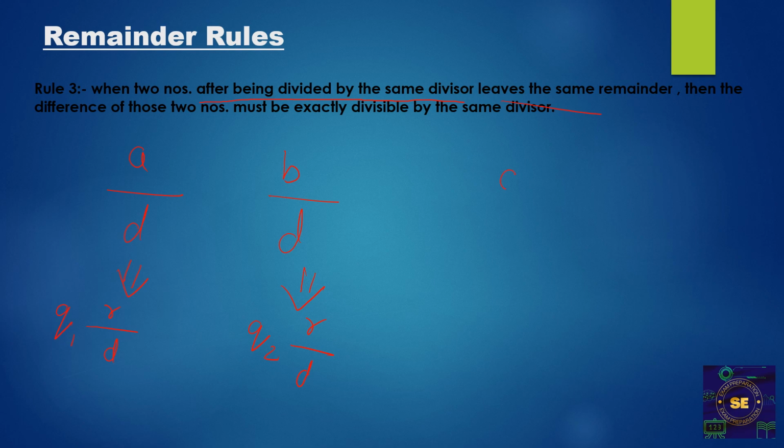So A minus B will be exactly divisible, it means there will be no remainder.